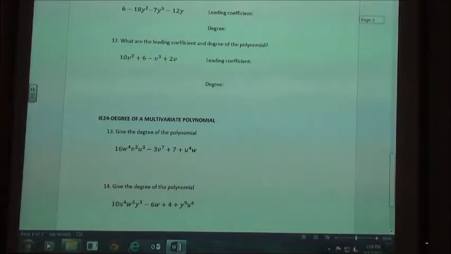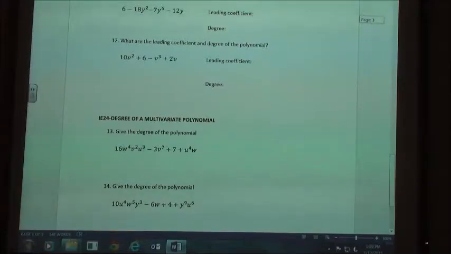So number 11. If I were to rearrange that and put it in the best order that it could be in, what order do you think I should put it in? 18? No. Let's see, you want the one with the highest exponent first.